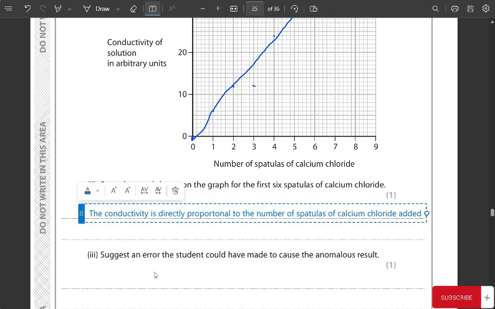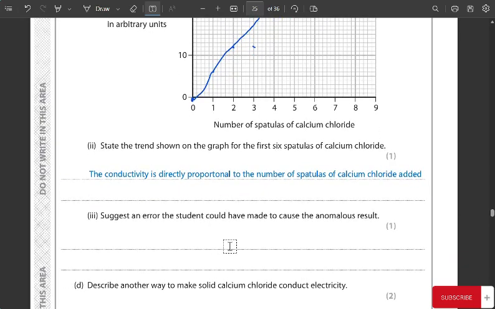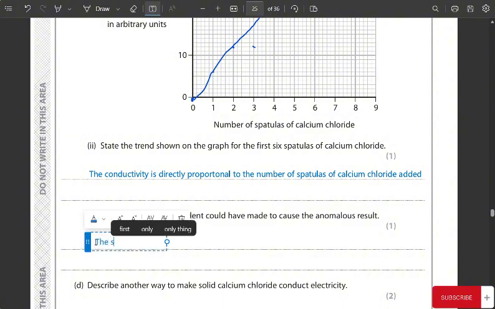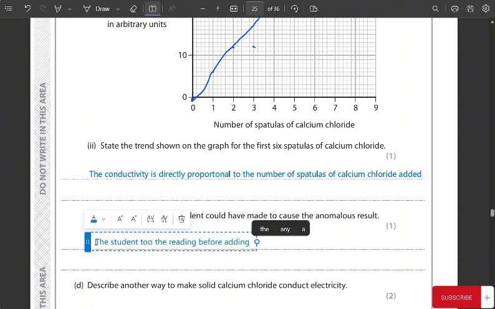Okay, suggest an error the student could have made to cause the anomalous result. The student took the reading before adding the calcium chloride.